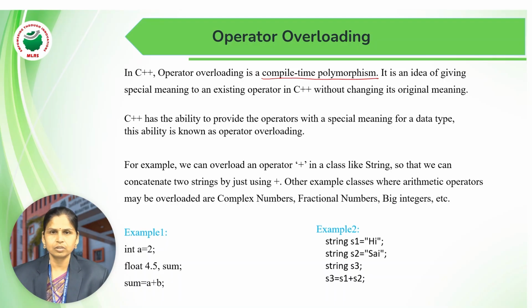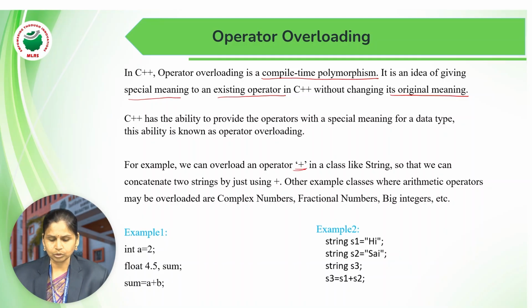We will discuss virtual functions in the next class. It is an idea of giving a special meaning to an existing operator in C++ without changing its original meaning. The simple and best example for operator overloading is the plus operator. We can use the plus for multiple operations.